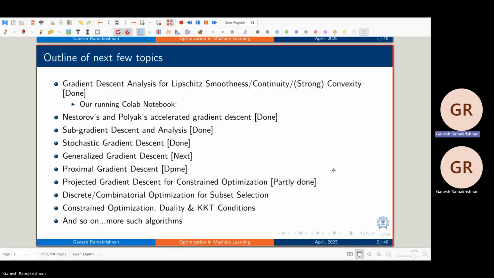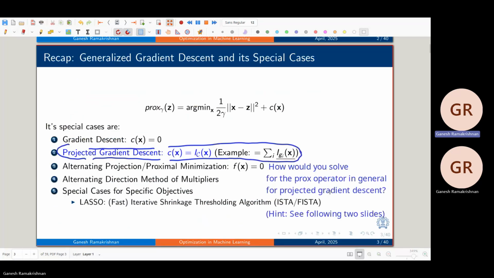So we had partly done this projected gradient descent for constrained optimization, but all that was part of the generalized gradient descent. That's what we are trying to conclude today. And what is generalized gradient descent about? Well, it basically starts with the idea of gradient descent, taking a gradient step approximation with respect to the differentiable component.